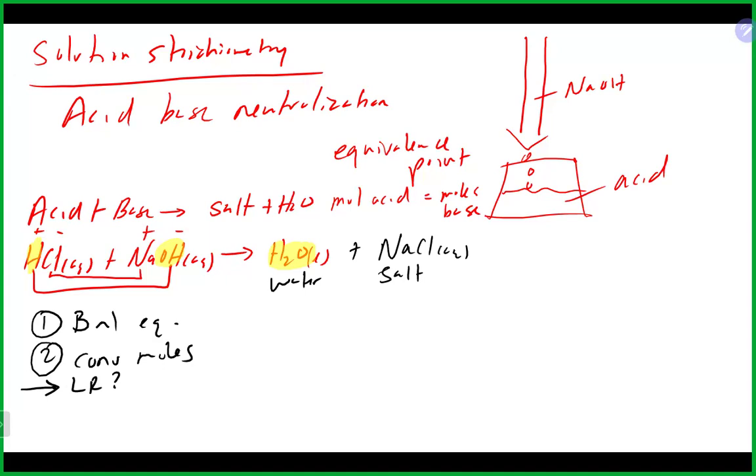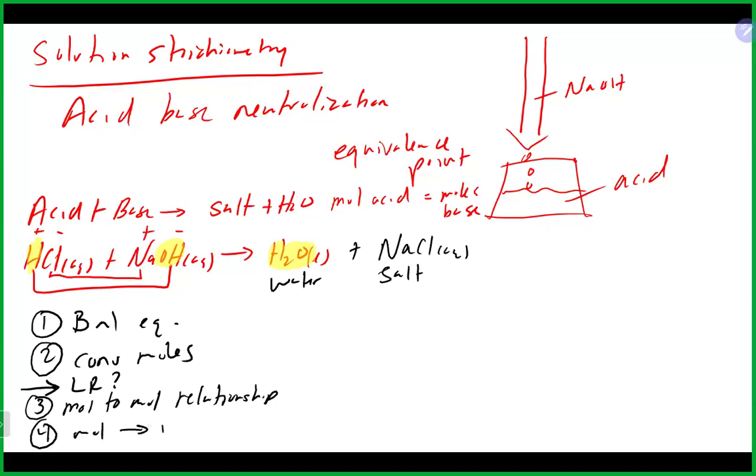A lot of times they're not limiting reagent problems in solution stoichiometry, but you could still have that situation. Once you've determined that, or if it's not, you do your mole to mole relationship. And lastly, we convert those moles to some other unit.